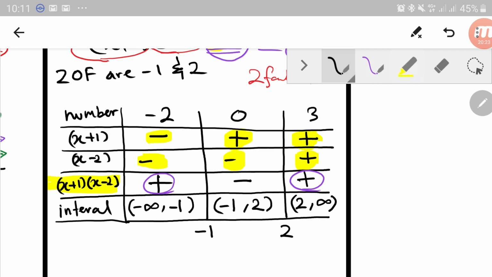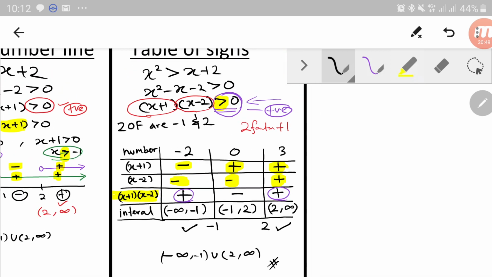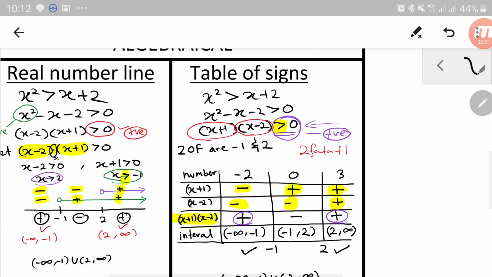As you can see, the first positive that I circled in purple, the interval is minus infinity until minus 1. This one, and 2 until infinity. So the answer is that union with 2 until infinity. So that's it by using the table of signs.